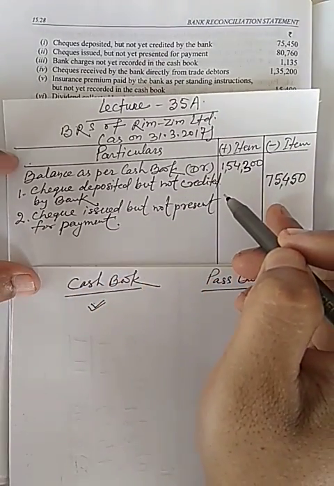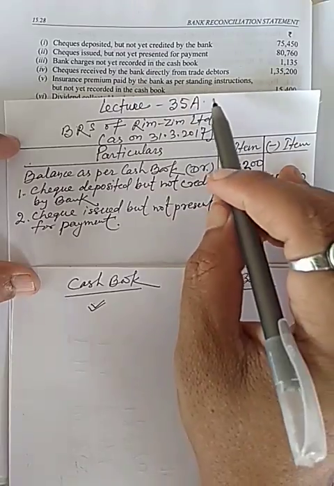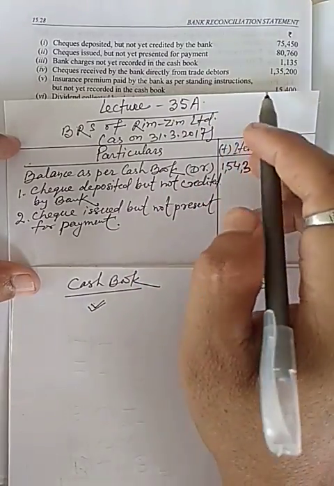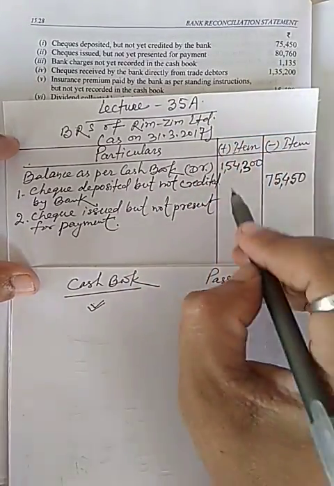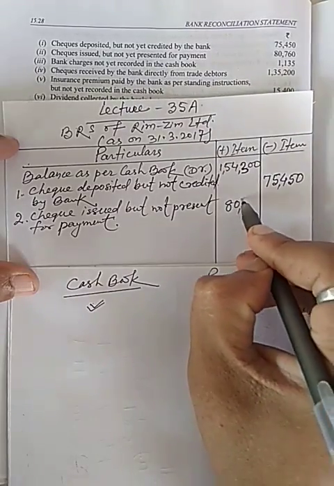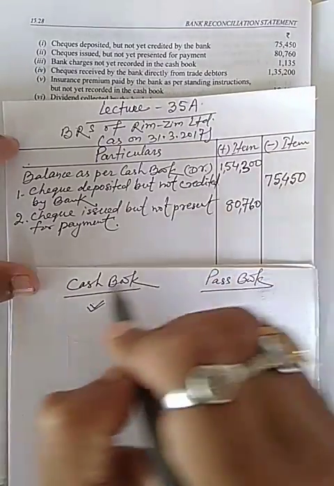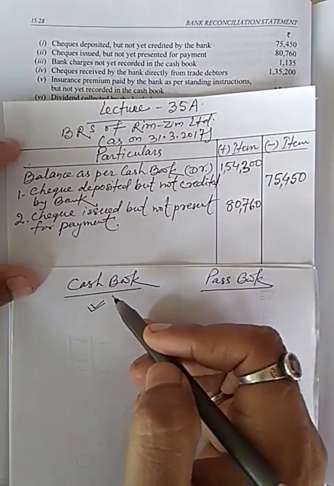Now student, it will be in plus item, 80,760. But why?